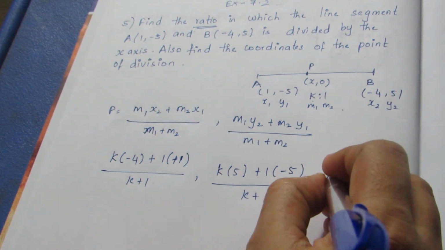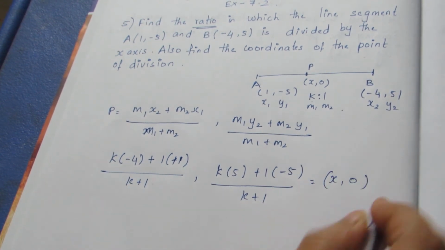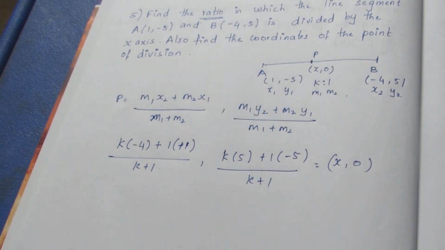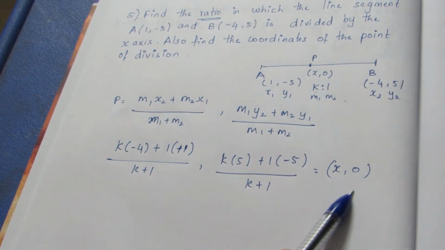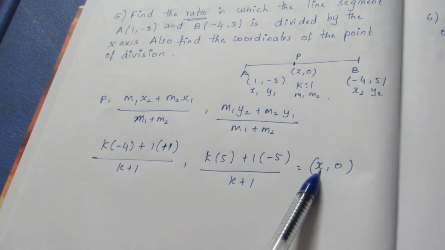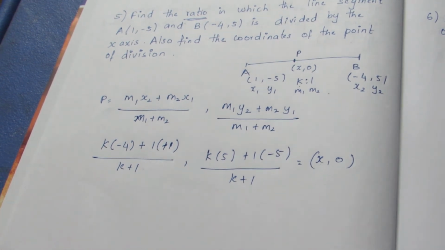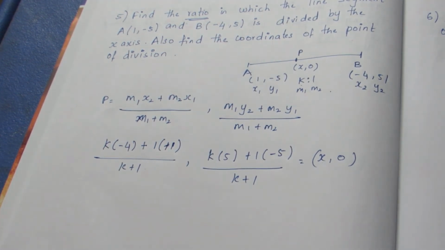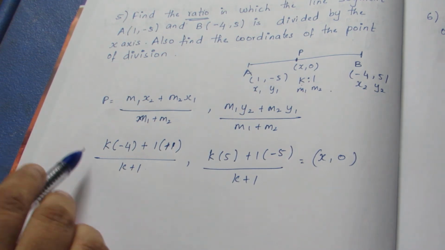This is equal to (x, 0). Here we can equate this to this and this to this. Now you see, we don't know k, we don't know x. If we equate the first one, we can't find anything, because in the equation there are two variables which we don't know, that is x and k.